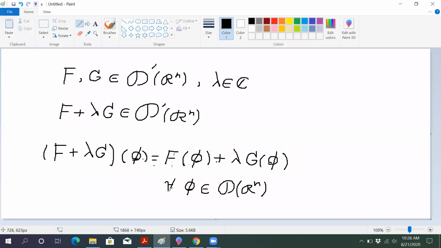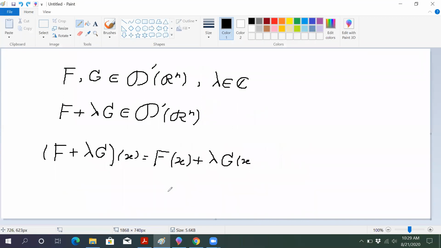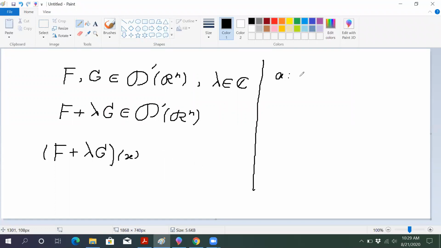Let me explain this for you. Look at here, if you view A, a continuous function from R^n into C, in the ordinary notion, we have A(x), for example.